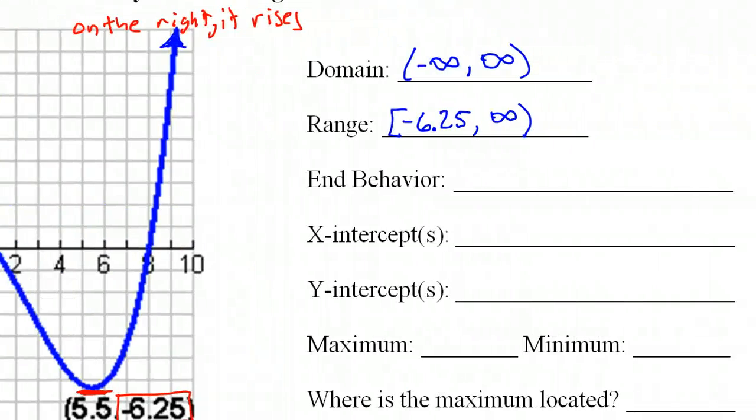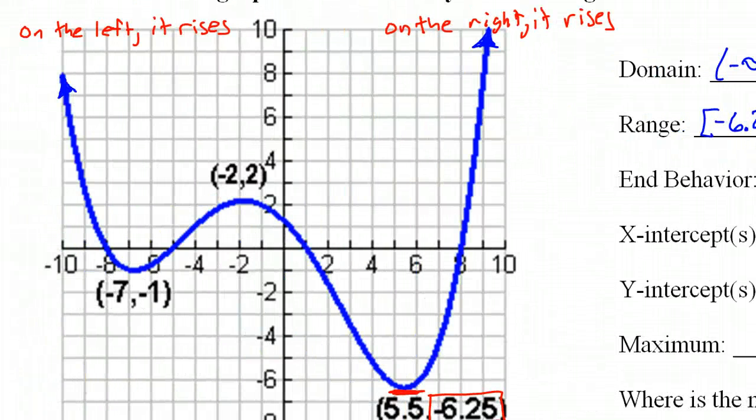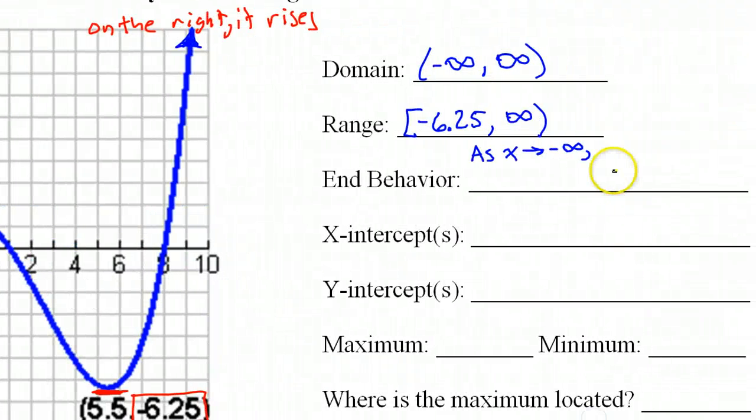Now the way we say on the left is we say as x approaches negative infinity, and that makes sense, doesn't it? Because negative infinity is over here. It's on the left. So as x approaches negative infinity, that means we're heading to the left. So then what happens as x approaches negative infinity? We say f of x approaches.